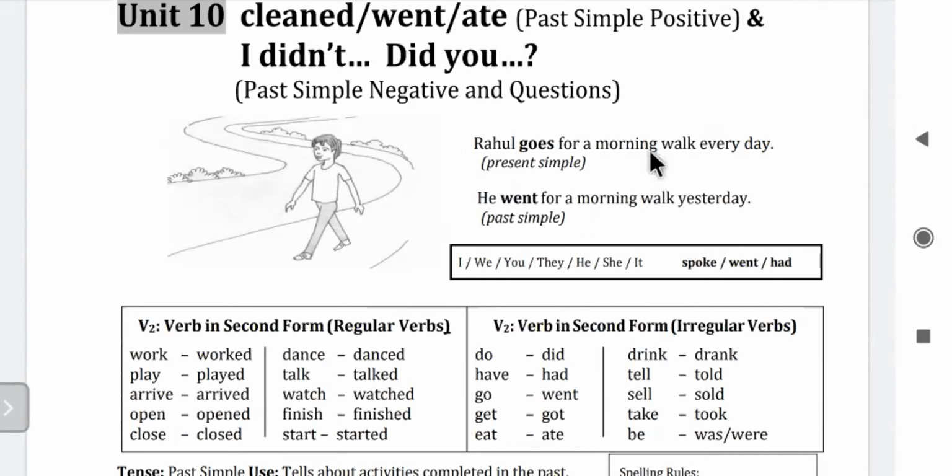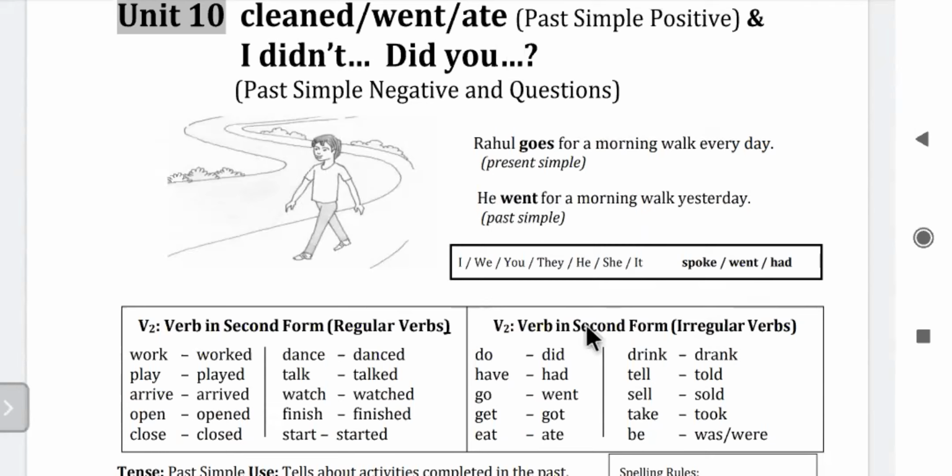Read me this one. Rahul goes for morning walk every day. He went for morning walk yesterday. Okay, and you can substitute this subject for any of these. They went, she went, it went. It will work with all of them. Okay. Yes.